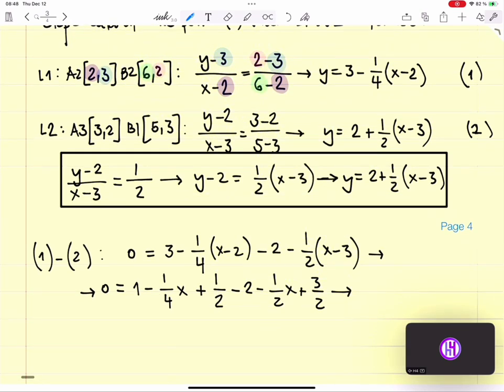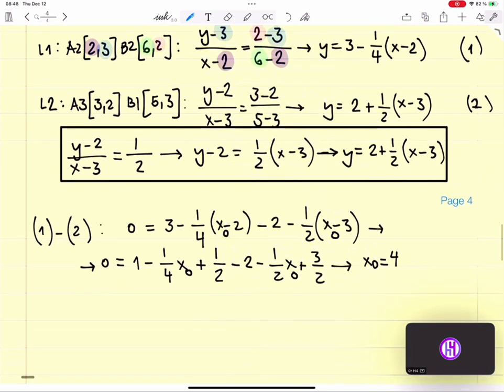So, and this is the point x0, okay, the point we're looking for. As a result, we get that x0 equals 4. And because x0 equals 4, y0 equals 3 minus 1 divided by 4 times 4 minus 2, inputting into the first equation.